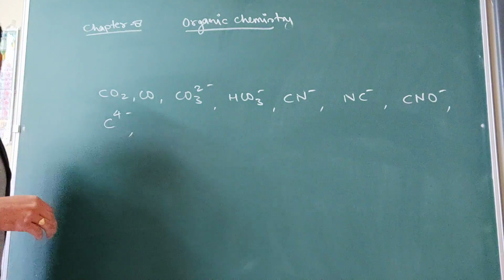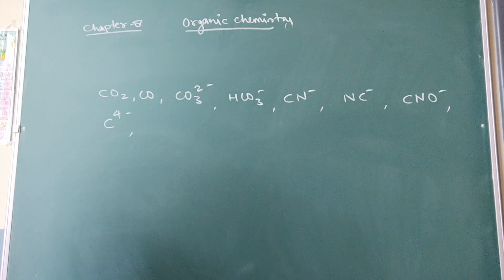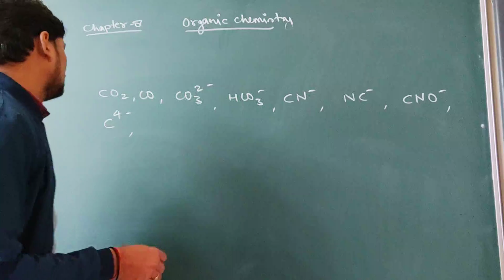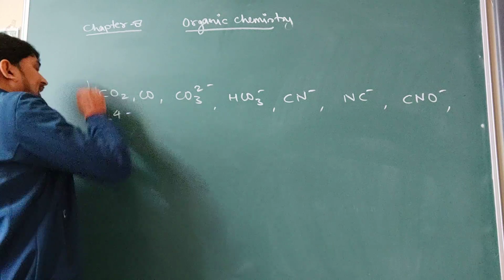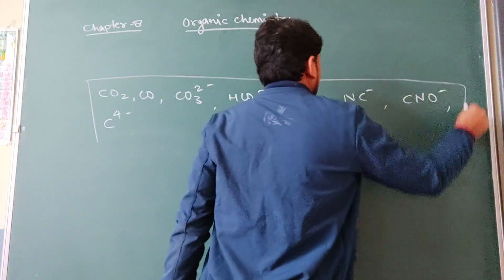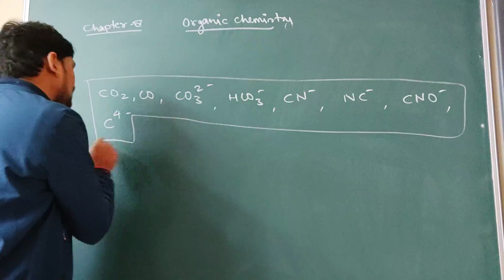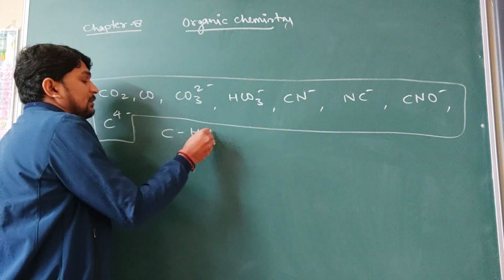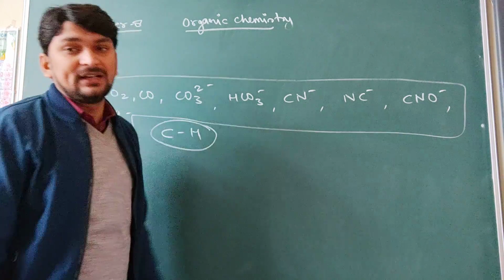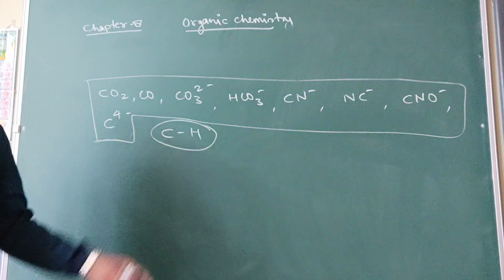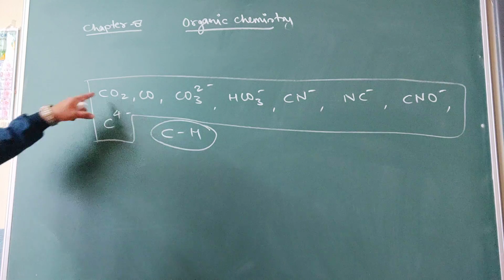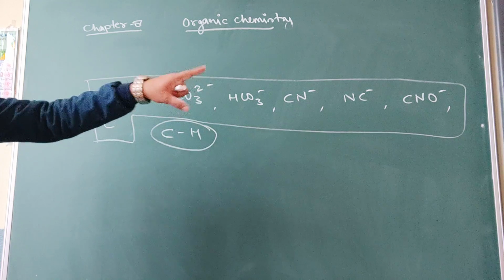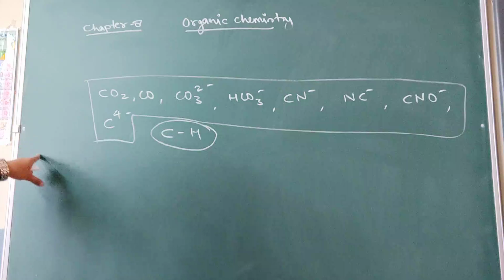Clear? They contain carbon, but they are not considered organic compounds. And there is no proper reason behind that. Generally, we say that these compounds do not contain a C-H bond, a carbon and hydrogen bond, and that's why they are not considered organic compounds. Clear? So they contain carbon, but they are not considered organic compounds.